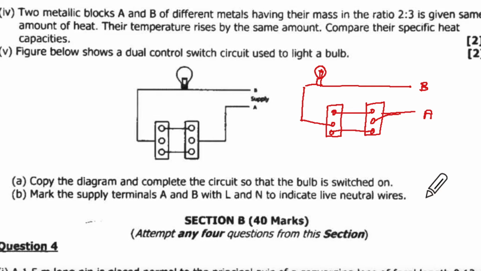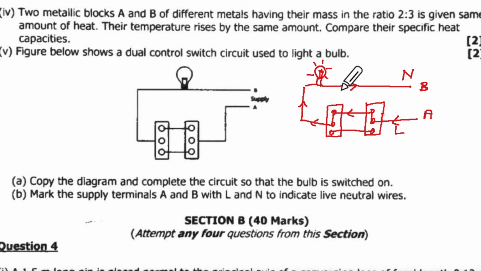Now you want the bulb to be switched on. So you can show this way, and show this is your live, this will be neutral, and show the current going this way, and then please show the bulb glowing.